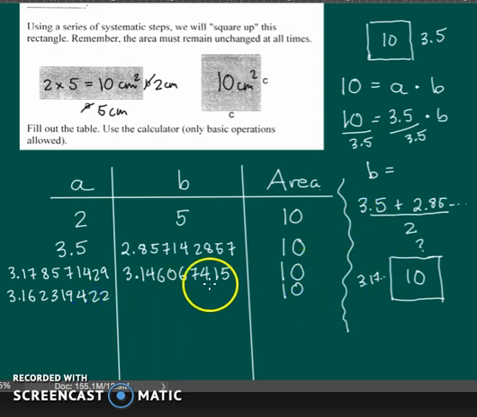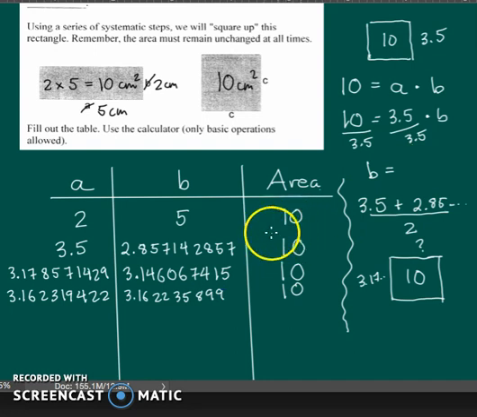And when I divide 10 by that, I find out that the corresponding side B is 3.162235899. So how are we doing here?